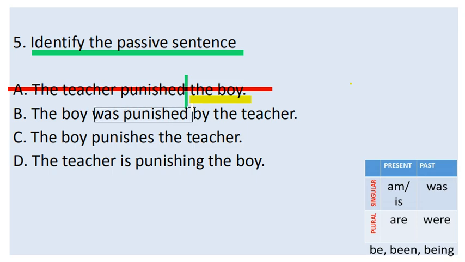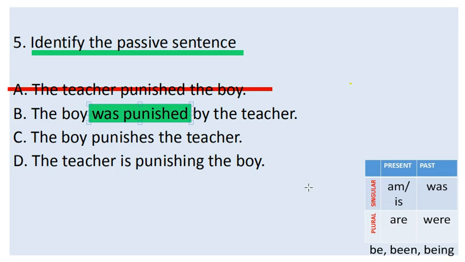Was is a verb be, while punished is the past participle of the lexical verb. Although we have to note that because the verb punish is a regular verb, there is no difference between the past tense and the past participle. But when any verb comes after the verb be, that verb must be in past participle. So punished in this case is past participle.